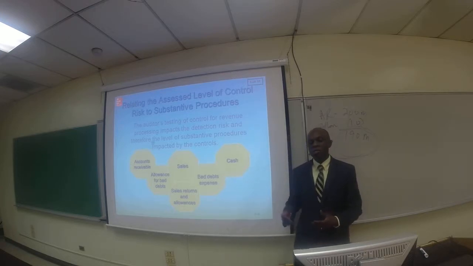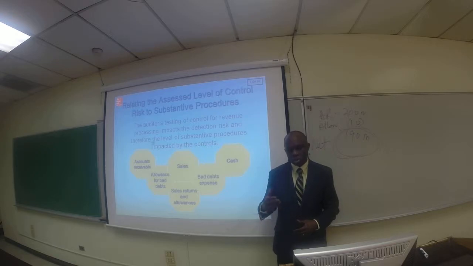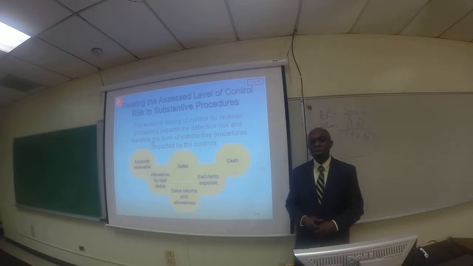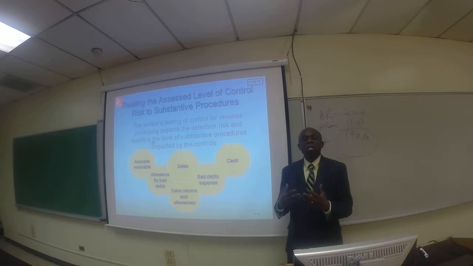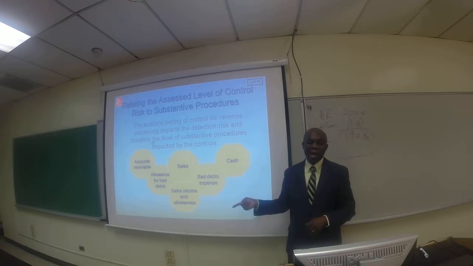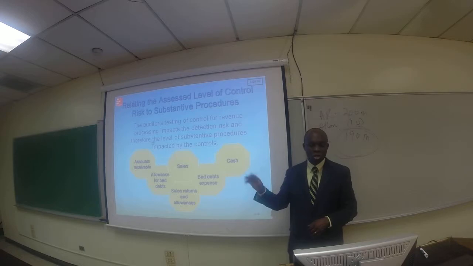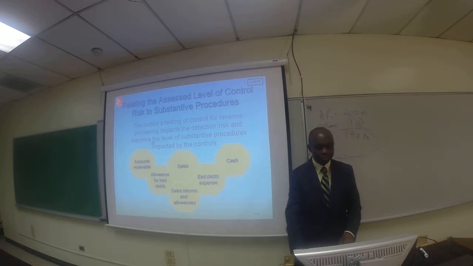So the auditor testing of control for revenue processing impacts the detection risk. Detection risk relates to how much work we have to do, and therefore the level of substantive procedure impacted by the controls in this area: accounts receivable, sales, cash, so on and so forth.